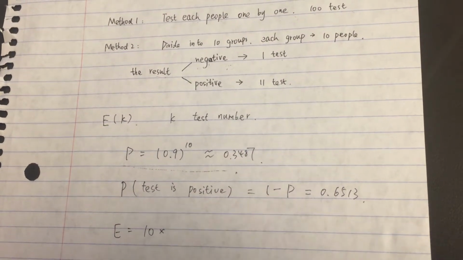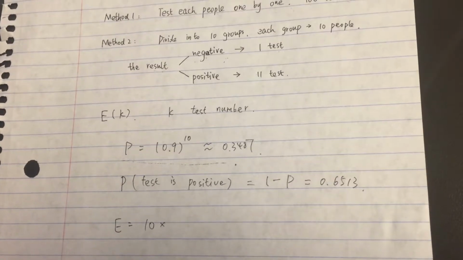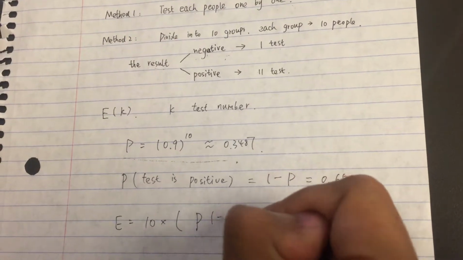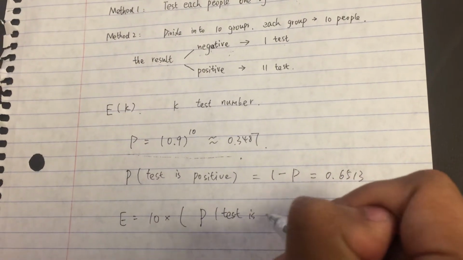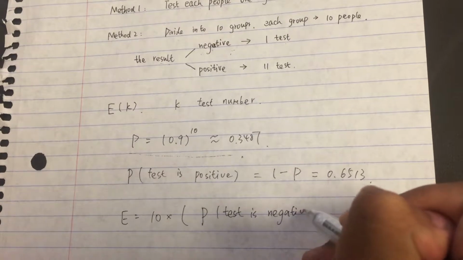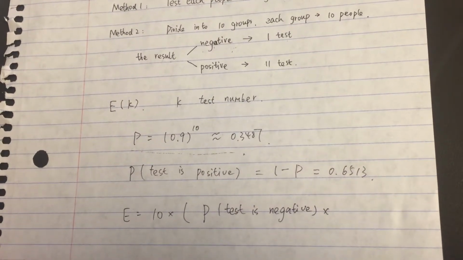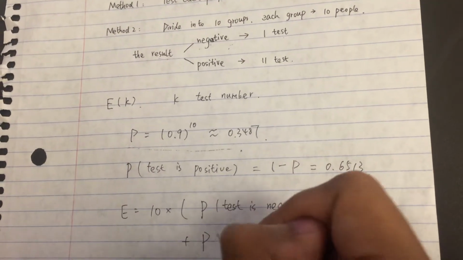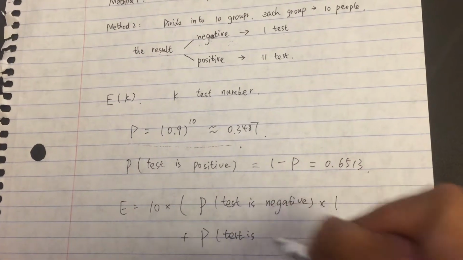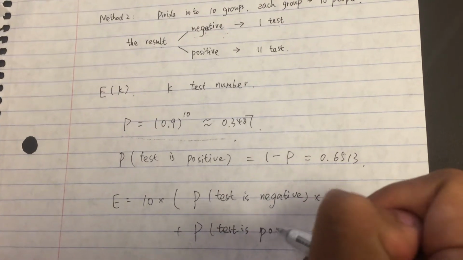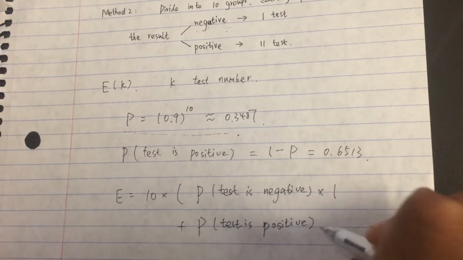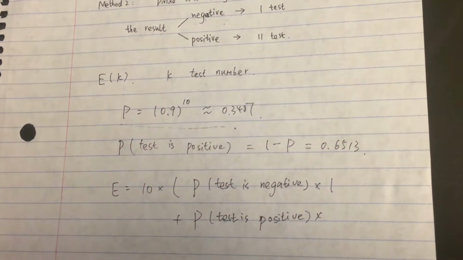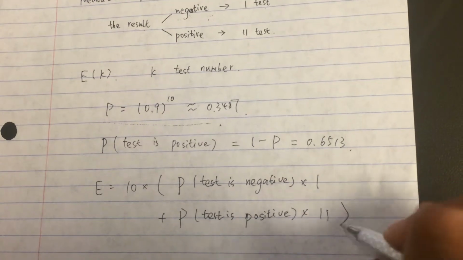So the result is very obvious that the average number should be, because there are 10 groups, multiply by 10, and then P of test negative multiplied by its test number, which is 1, plus P of test positive, sorry, multiplied by its test number, which is 11.